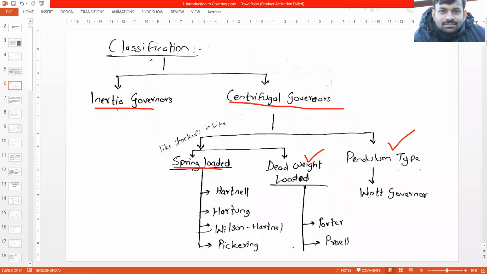In the pendulum type, we have only one, which is the Watt governor. In spring-loaded, we have four types: Hartnell governor, Hartung governor, Wilson-Hartnell governor, and Pickering governor. And in dead weight loaded, we have the Porter governor and the Crowell governor. So these are the types of governor which we have to study.